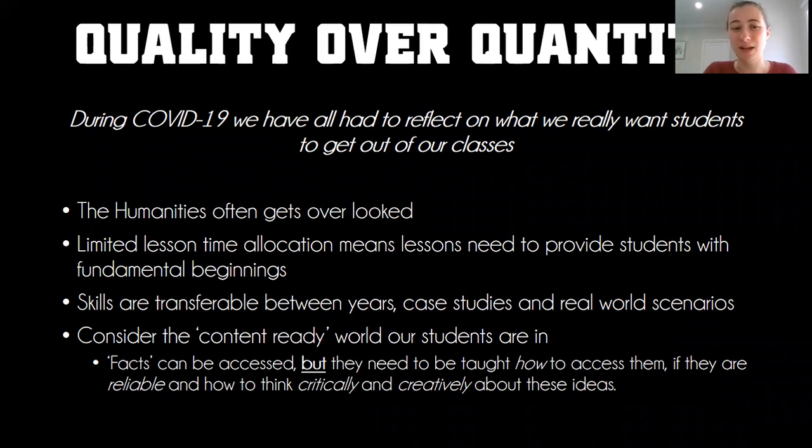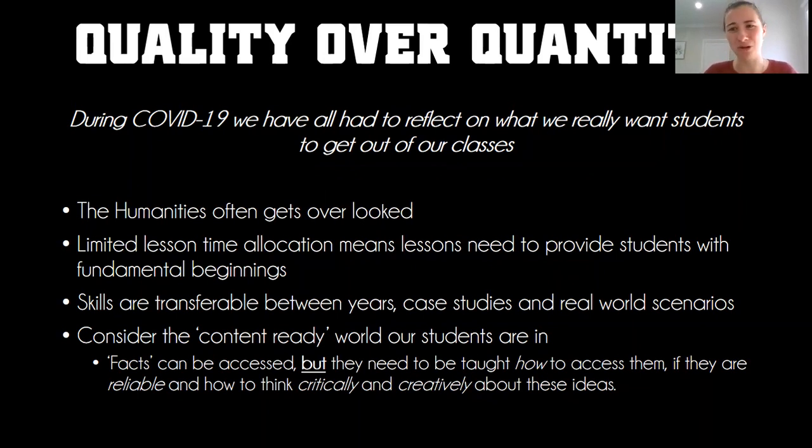The other thing that we need to think about is that most schools these days have some kind of technology involved. The students have a BYO laptop, or there's an iPad program, or there's computer labs, whatever it is. And so it's quite a content-ready world for them. If you ask students to do a research assignment, they have no problem jumping on Google and trying to find information. But what we need to teach them is how to find that information.